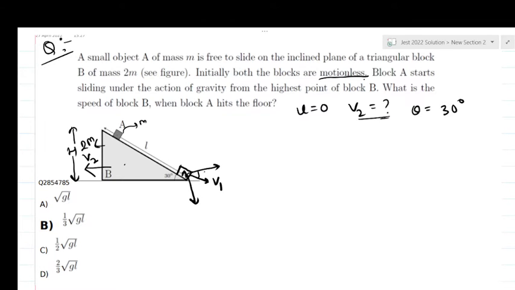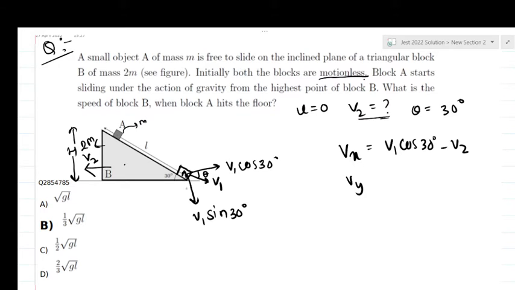Theta is 30 degrees, so v1 will have a horizontal component v1 cos 30 and a vertical component v1 sin 30, and this is v2 of B. Taking the horizontal component, Vx equals v1 cos 30 minus v2, and the vertical component, Vy, is v1 sin 30.